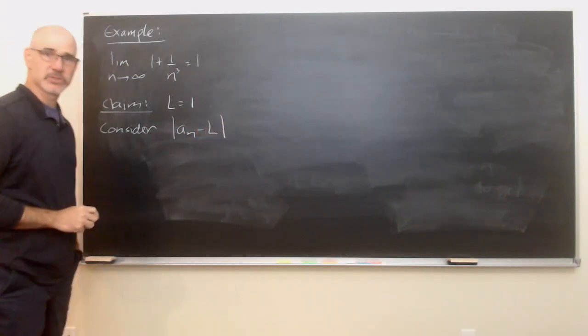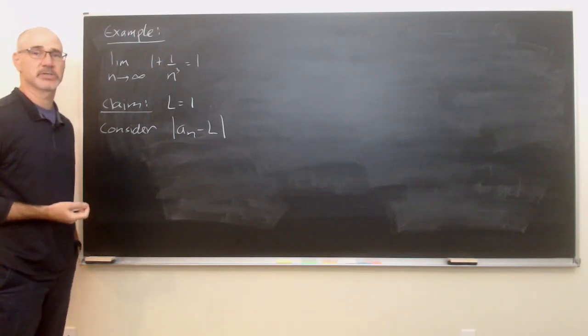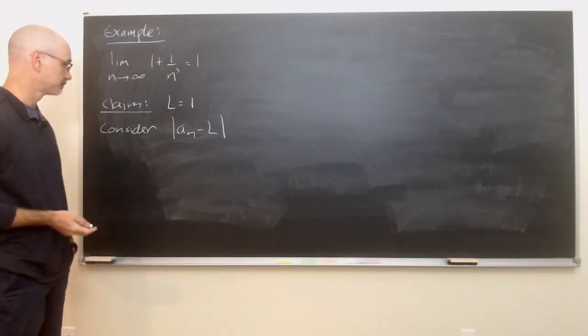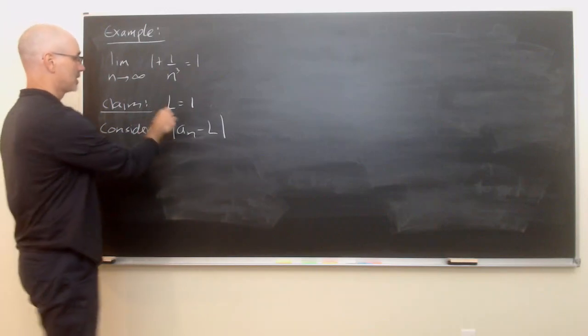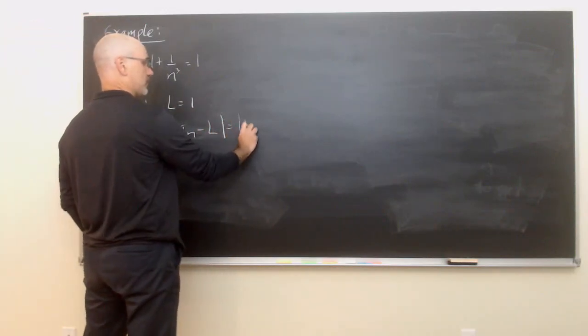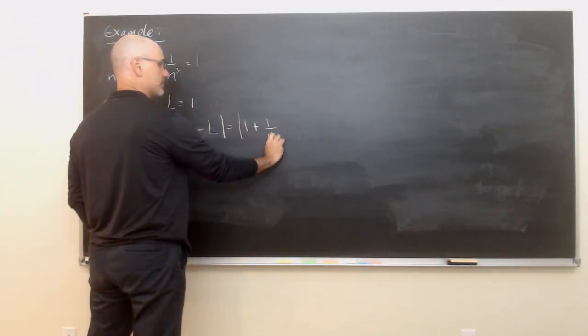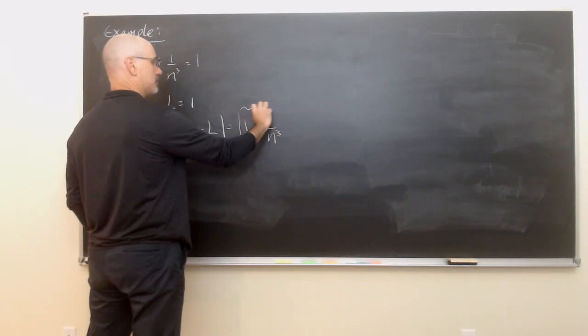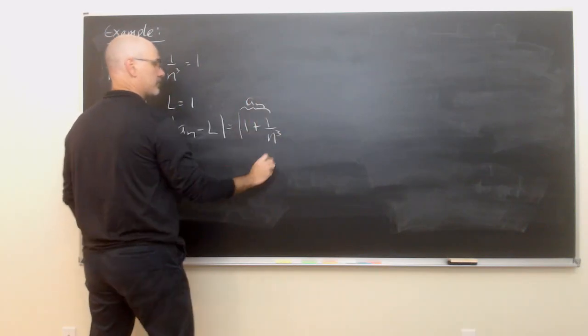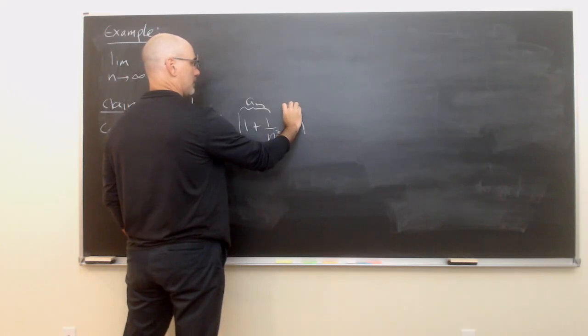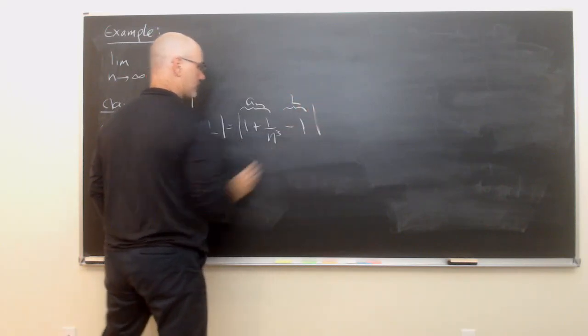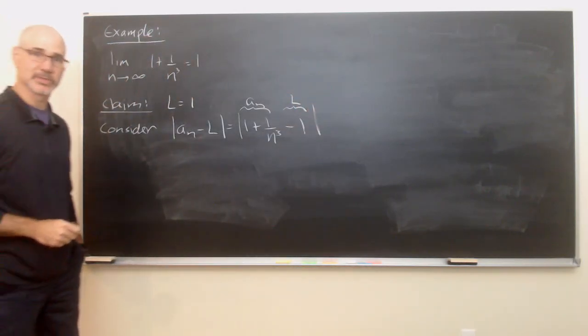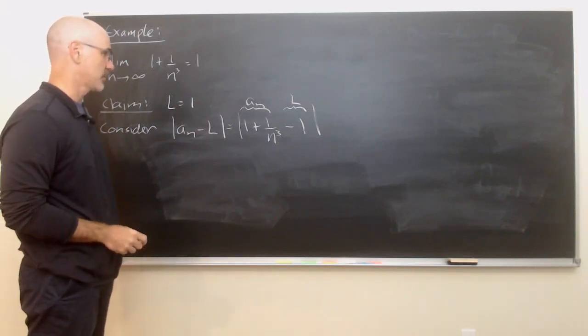the difference between members of the sequence and our proposed limit. All right, so in this case, the a sub n is 1 plus 1 over n cubed. And we're subtracting our proposed limit from that, so it's minus 1.